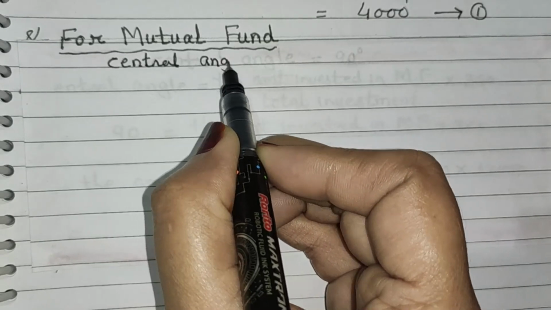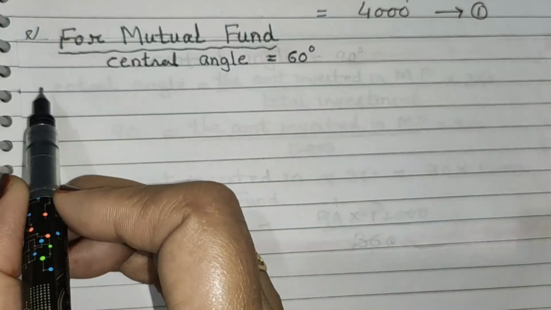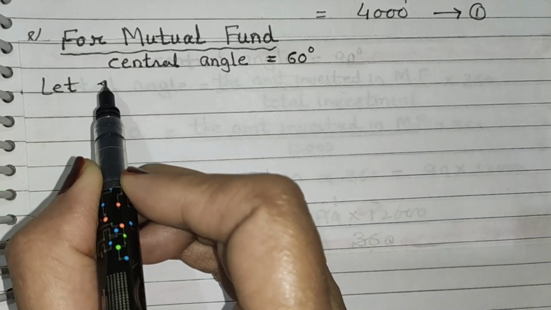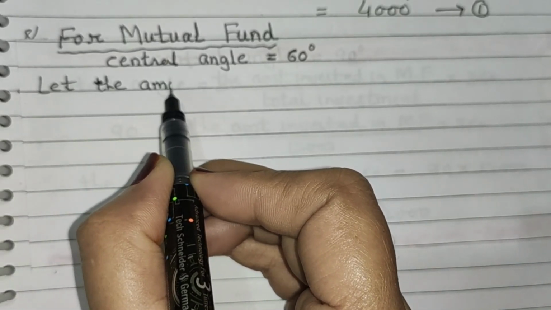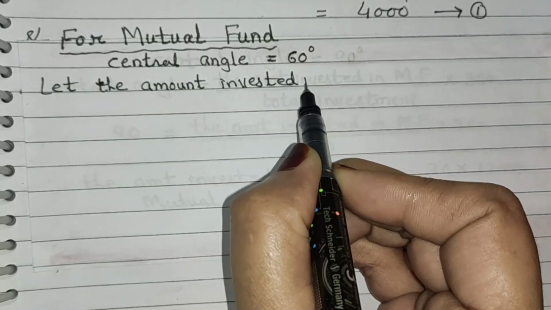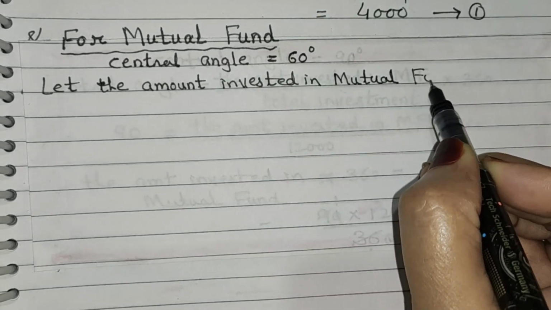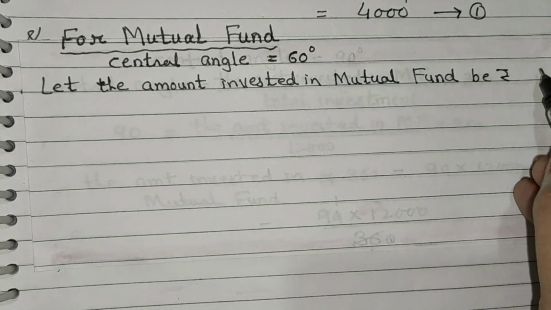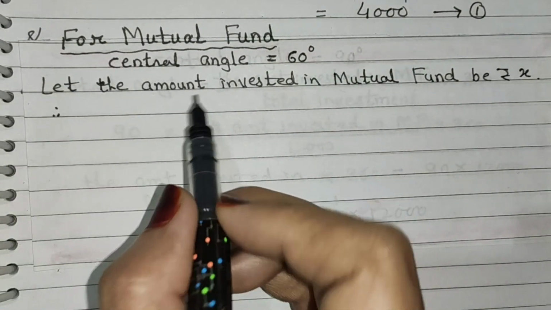Therefore write down here, for mutual fund, central angle is equal to 60 degrees. Now we know the formula. First, let us consider, let the amount invested in mutual fund be rupees X.